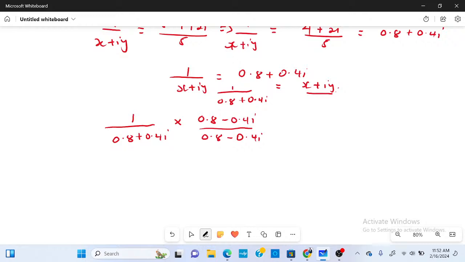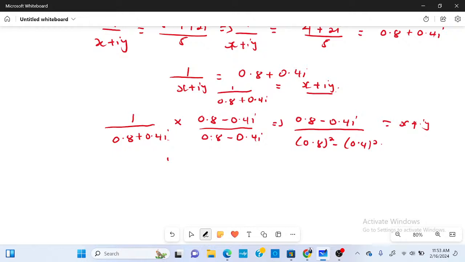This simply gives 0.8 minus 0.4i all over, this times this, I'll get 0.8 squared. This times this, I'll get minus 0.4 all squared, equals x plus iy. So I still go on simplifying.